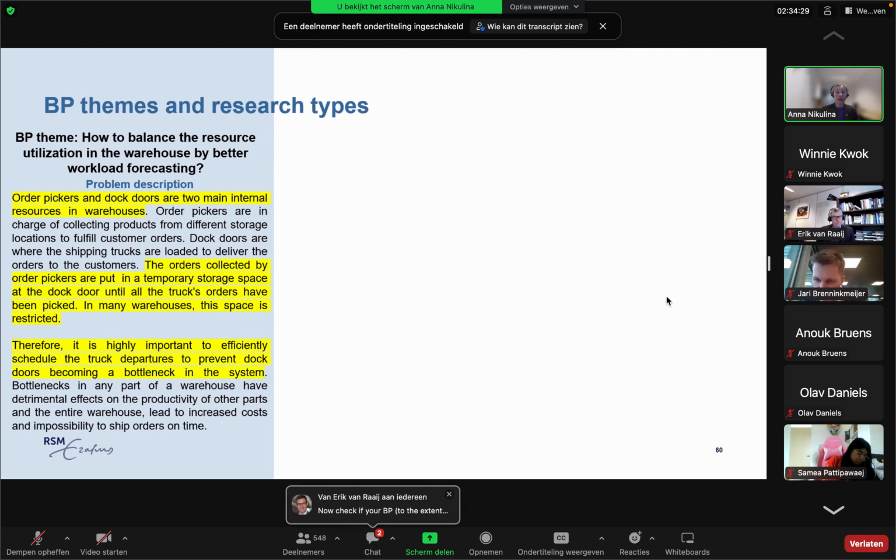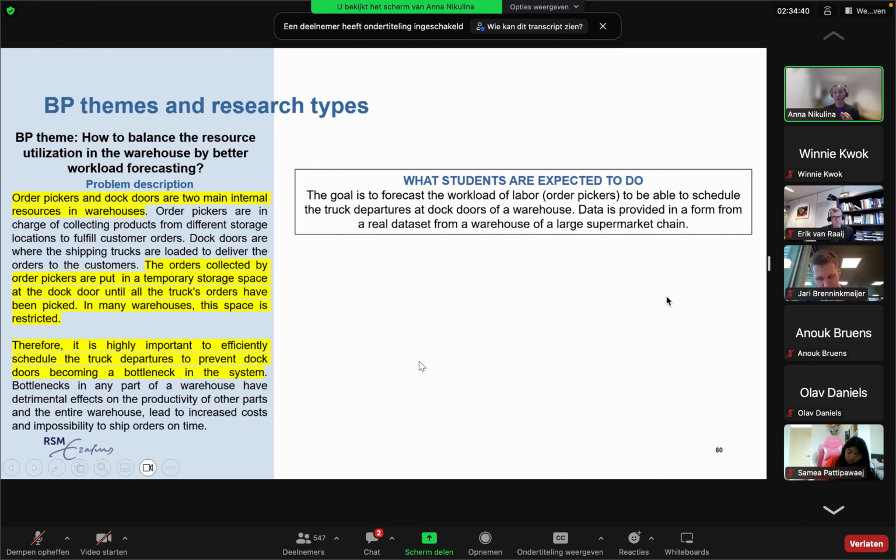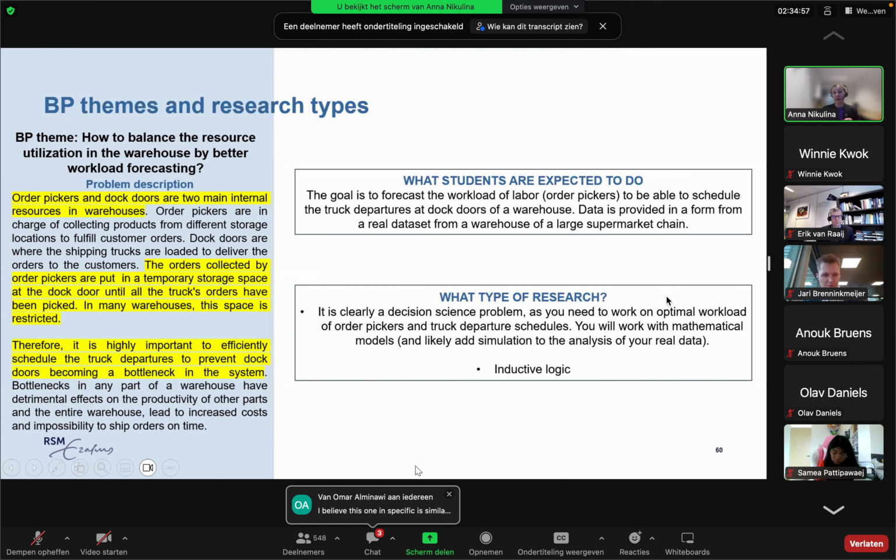To harmonize truck departure schedules and the warehouse pickers' work, you need to do something about this. And this is a particularly specific type of problem. The goal is to forecast the workload of order pickers and to schedule them in such a way that the truck departure dock doors are optimized. So you get data from a real warehouse, from a real data set, from a real company, and then you get to work on optimizing this problem.